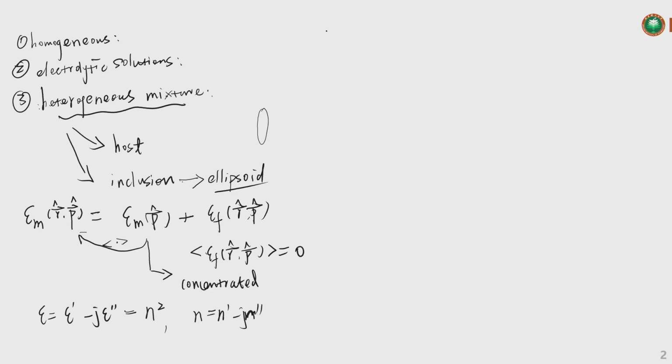The real part equals the real part of the square root of the dielectric constant, and the imaginary part is the imaginary part of the dielectric constant, with a minus sign, all right? It should be minus.